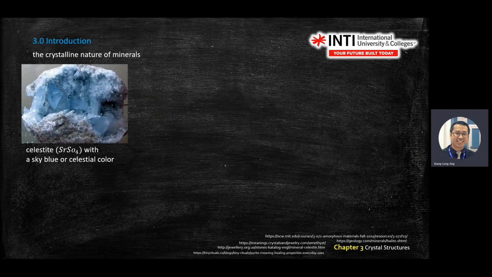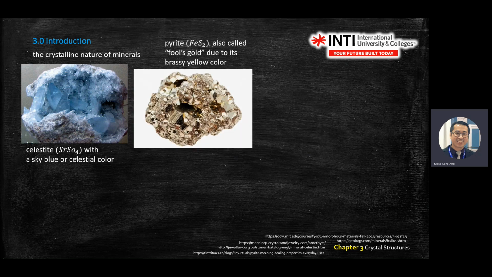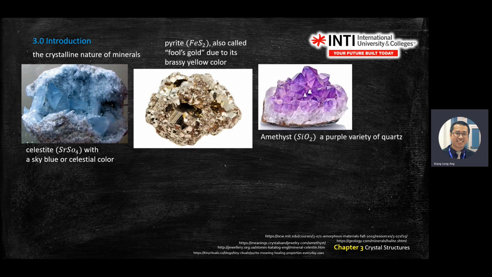Okay, let's look at crystalline structure from the introduction. Some names are not familiar to a mechanical engineer. For example, celestite looks like this. Pyrite looks like this. Amethyst looks like this.